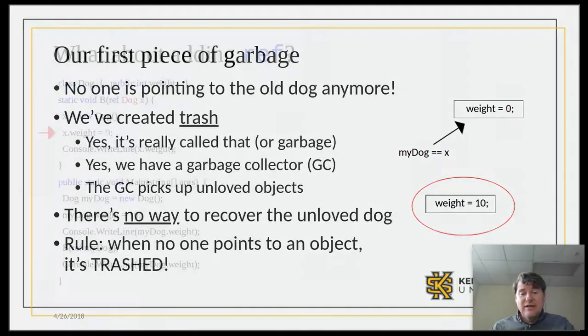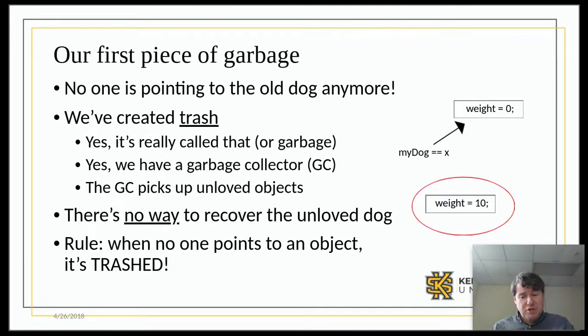An important detail is that I have created my first instance of garbage, which is a very specific word. It's literally called garbage. The moment that I moved the reference for my dog in the main method, and the reference for X in my B method, to a new dog, the old dog is no longer accessible by anything.